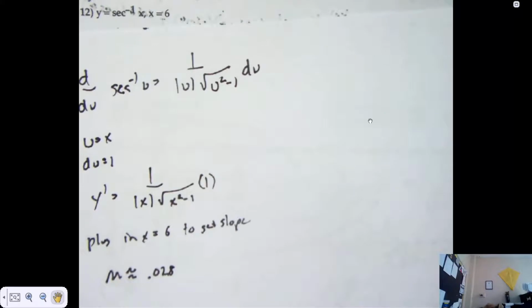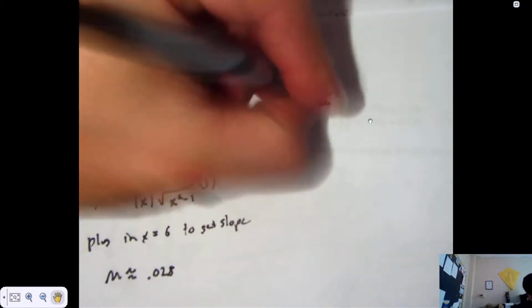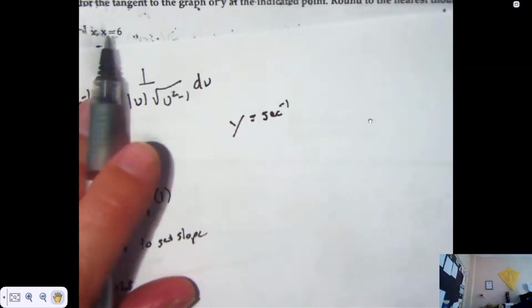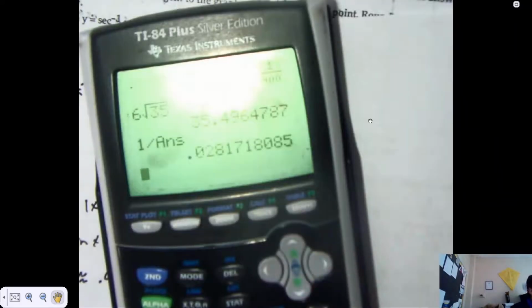We need a y value, don't we? All right, that's actually another little tricky part on this one. Y is going to be the arc secant of the x value, 6, because if you have x, you get y by plugging it in. Your calculator does not have an arc secant button. It has an arc cosine button.